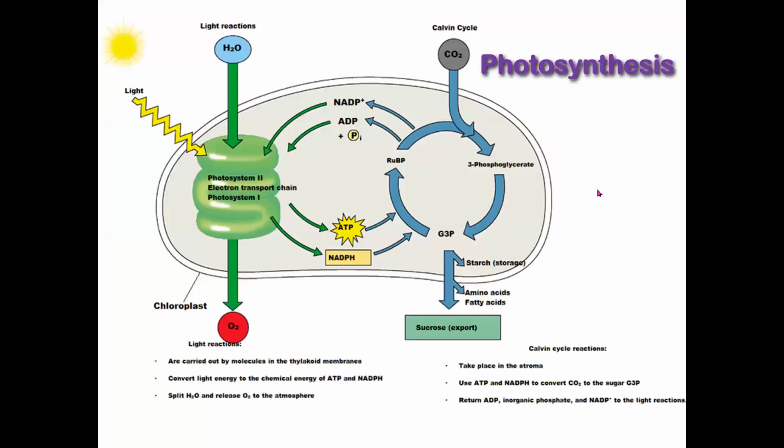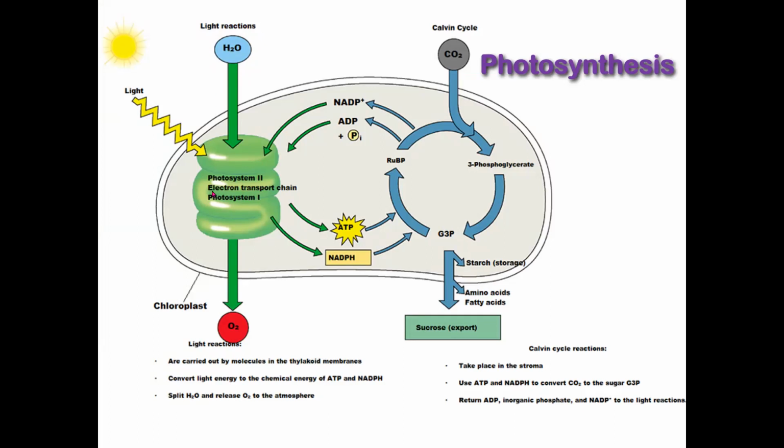Here's another diagram, a bit more complicated. I won't go into too much detail, but there are two sets of reactions. One's called the light reaction and one's called the dark reaction. The dark reaction word is not used here, but in the light reaction, the light comes in, and here the grana.